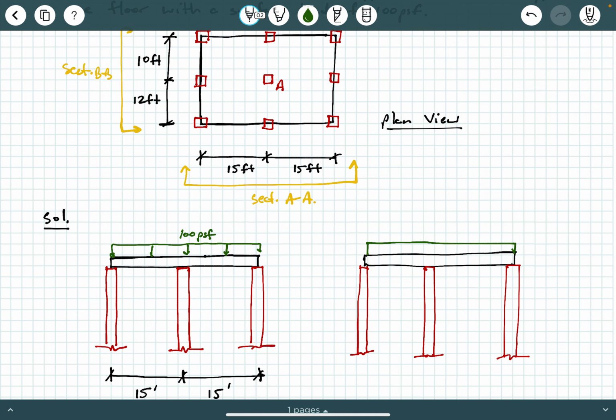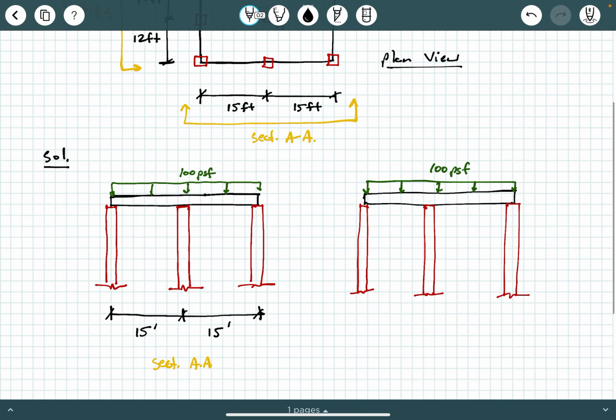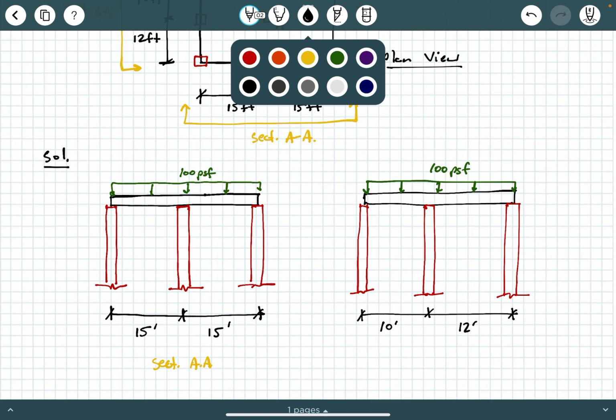Again, the tricky part about these kind of problems is not really the calculations, it's the visualization, okay? So there's 100 PSF. Now, what are the spacings of the columns in this particular direction if I'm looking at section BB? Well, this is the 10 feet and this is the 12 feet, okay?